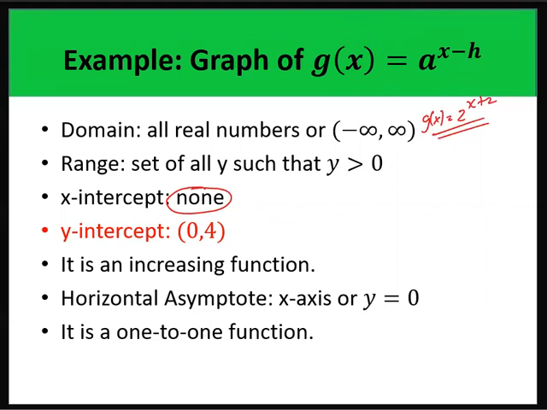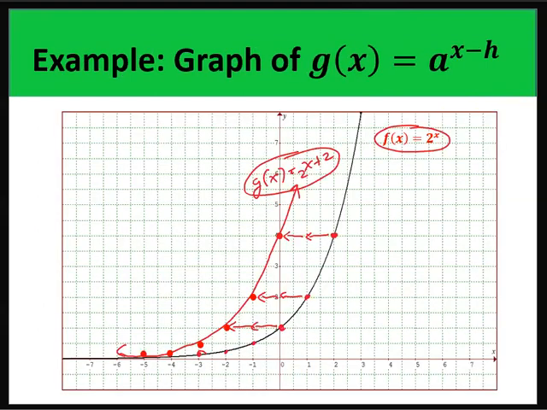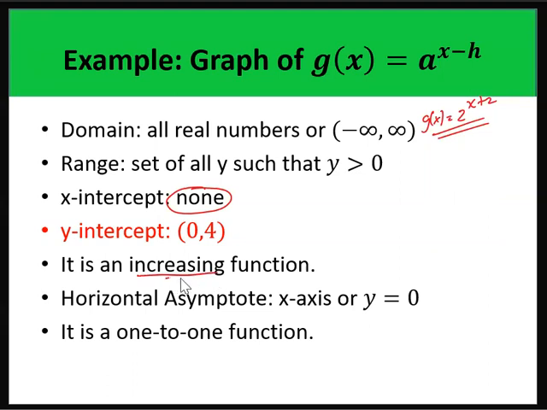And since the base is equal to 2, which is higher than 1, the function is still an increasing function. The horizontal asymptote will still be the same, the x-axis, because the shift is only to the left or to the right. And it is also a one-to-one function.